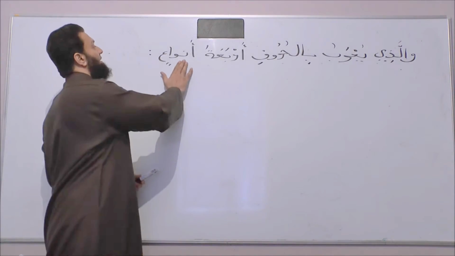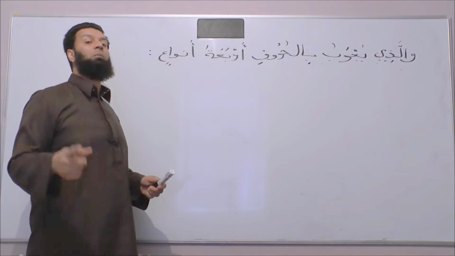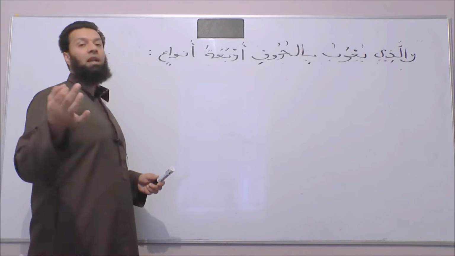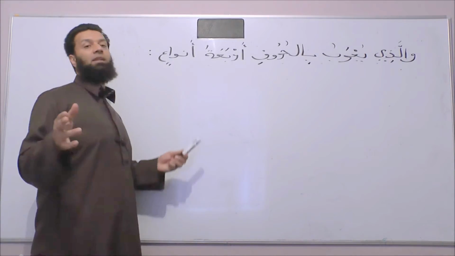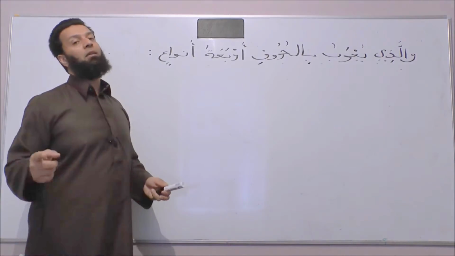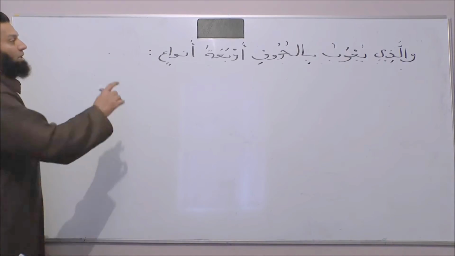Our counted noun, anwa'un, is the plural of naw'un. Naw'un is al-mufrad, anwa'un is al-jam', and because that is male, our number must be female. Therefore it's of four types.